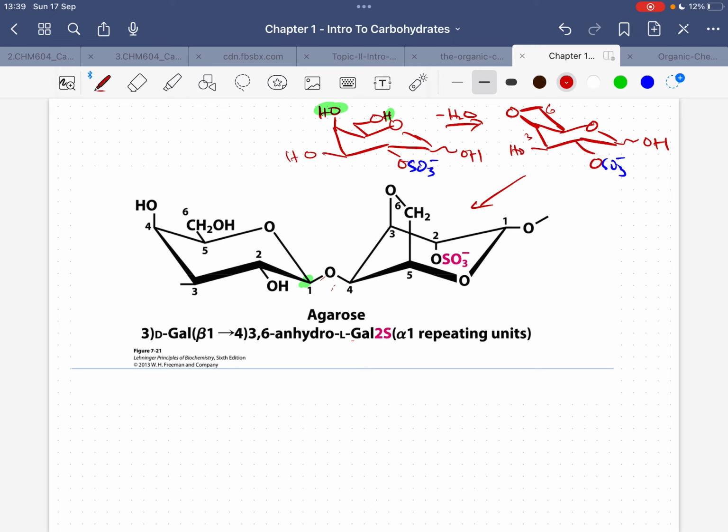Sorry, not this carbon. Sorry, sorry. Not this one. Should be here. So that's the structure.